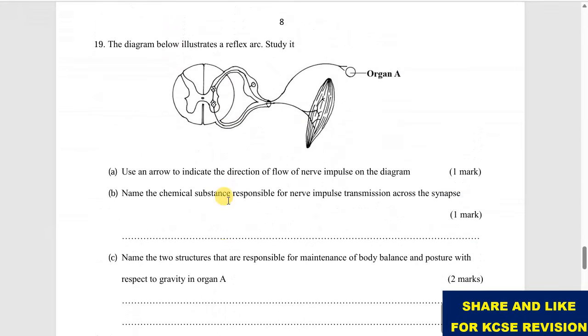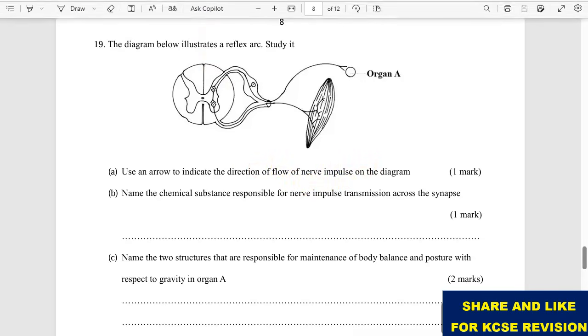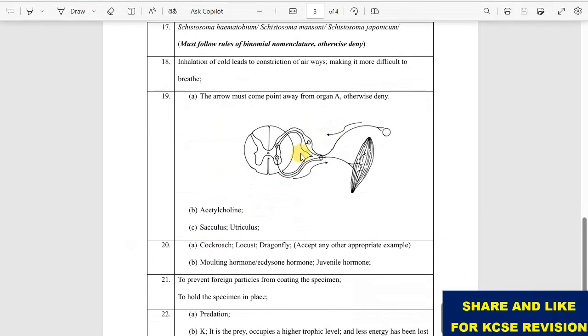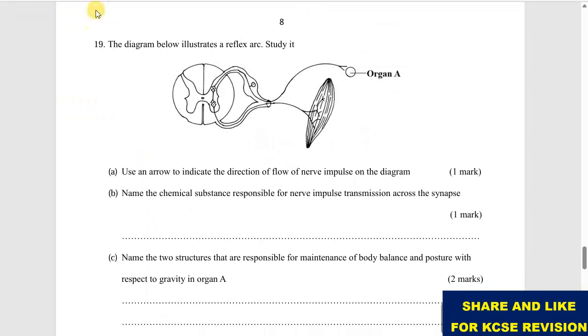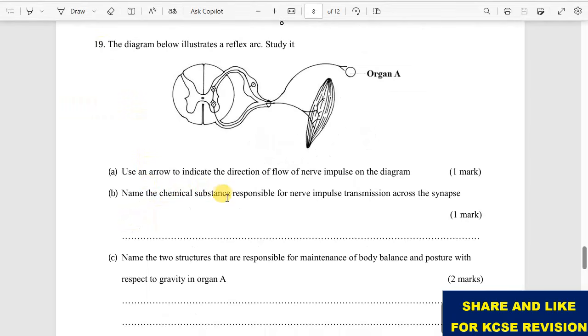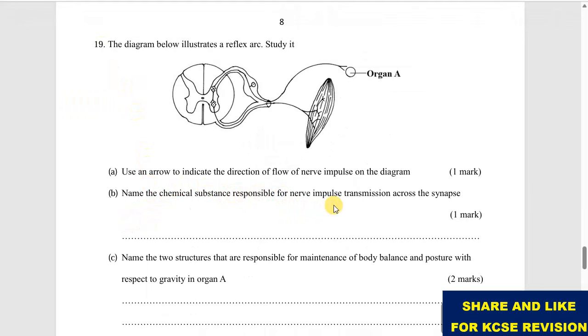The diagram below illustrates the reflex act. Use an arrow to indicate the direction of flow of the nerve impulse in the diagram. That is the arrow. You can see the arrow here. Name the chemical substance responsible for the nerve impulse transmission across the synapse.